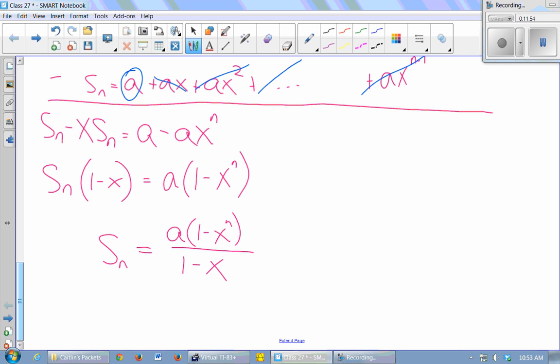Can I simplify that? No. The order of operations says I would have to do that x to the n first, so I can't do any canceling. So this is the sum of the first n terms of any geometric sequence. So let's say I want to think about my 7 days of caffeine, right? So that sequence was 100 plus 100 times 0.06 plus, and so on.